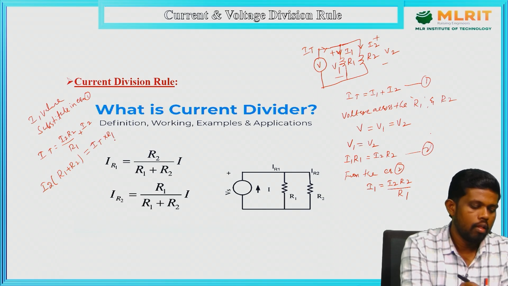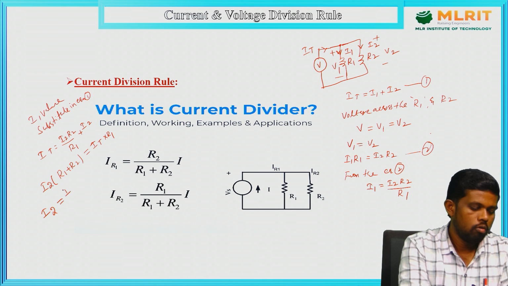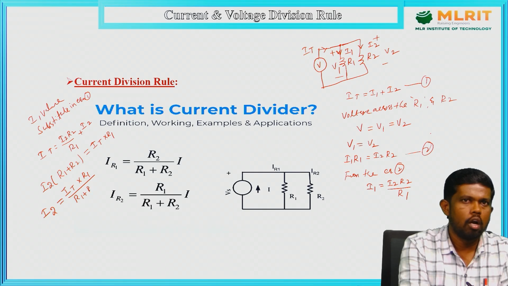So I2 equals I total into R1 upon R1 plus R2.